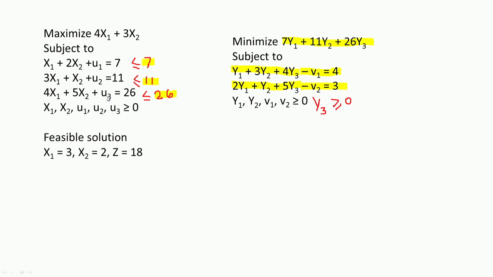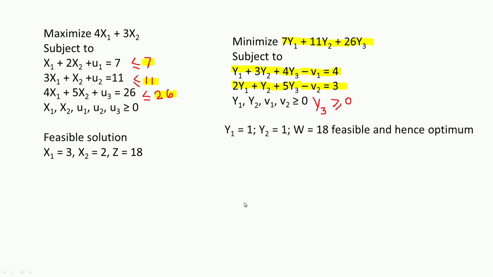Because of plus u3 equal to 26, we will have u3 equal to 4. So this solution is feasible with objective function value 3 into 4 is 12 plus 2 into 3 is 6, equal to 18.